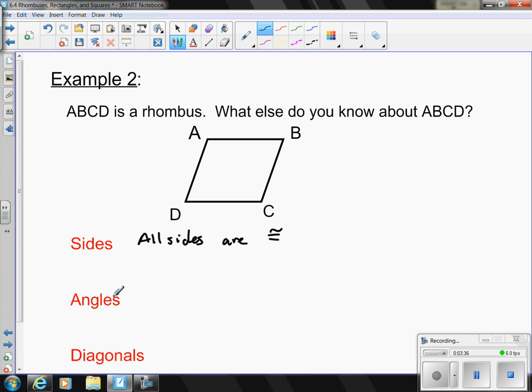Because it's a parallelogram, our opposite angles are congruent, and we know consecutive angles are not congruent but supplementary.